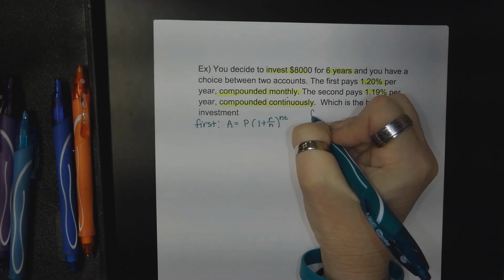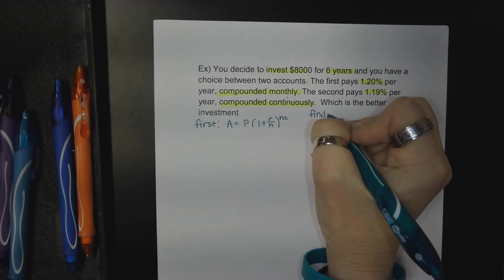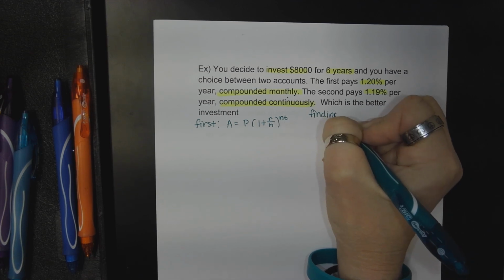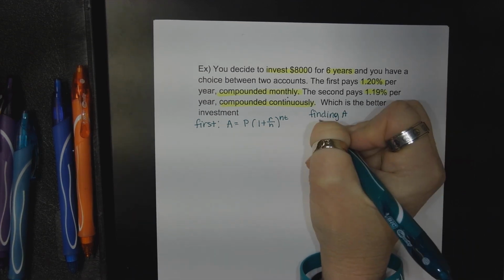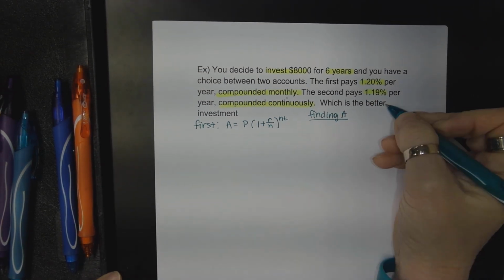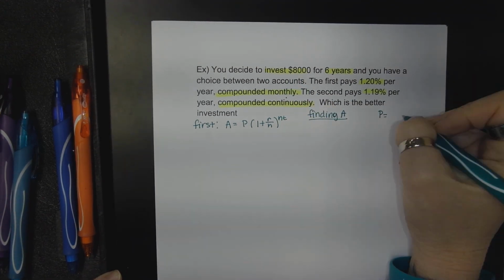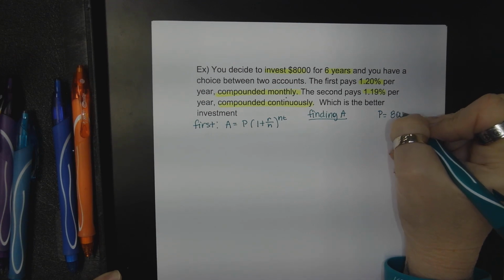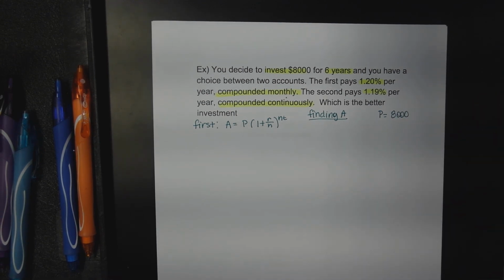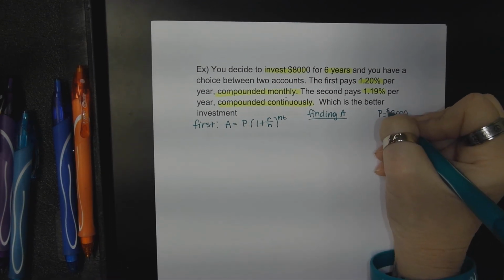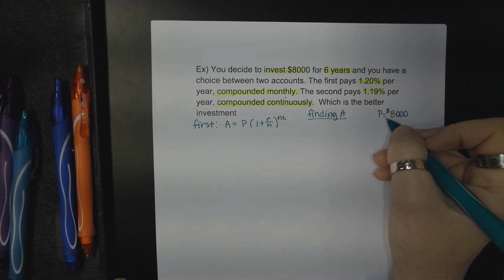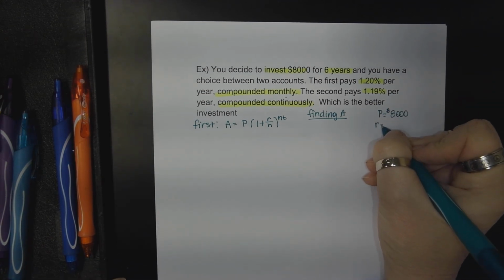So for this one, we're finding A. Let's make a little key over here. Our P equals our initial investment, so that's going to be $8,000. Now, next, our rate, our interest rate.